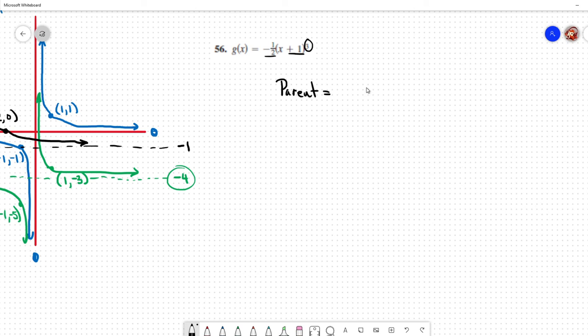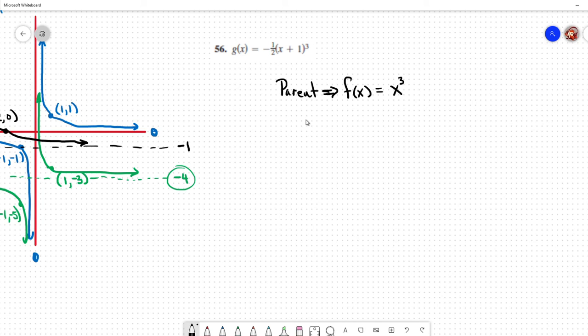So that indicates to me the parent function is x cubed. Everything else outside of the cubed is a transformation: multiplication, subtraction. Those have to deal with some form or another of transformation. This is our parent.